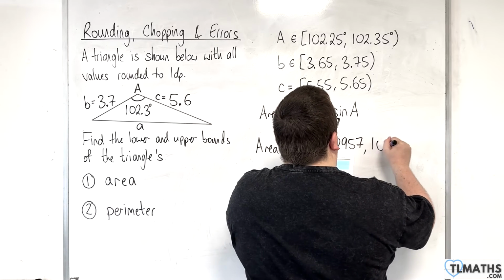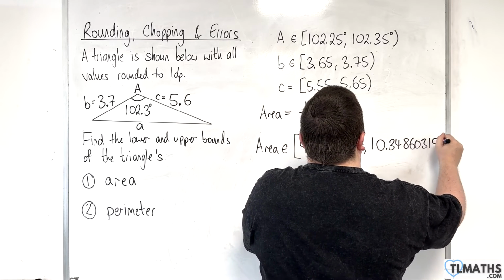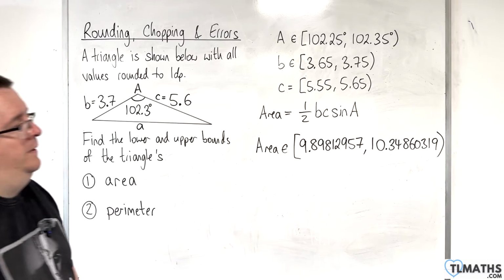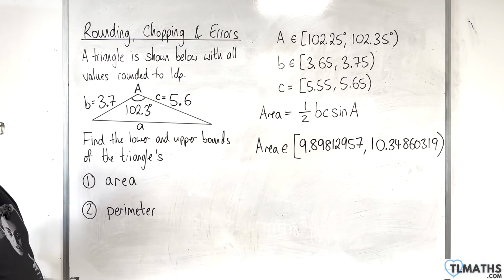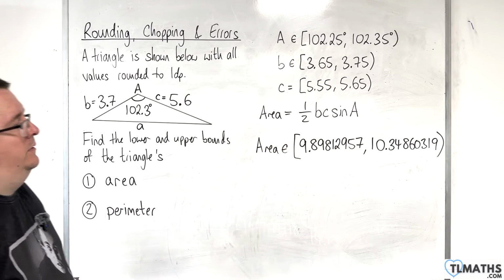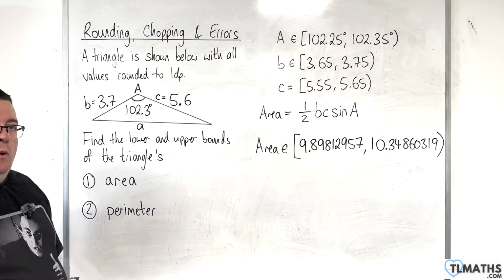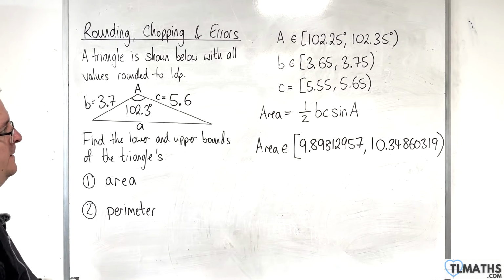So that's 10.34860319, not inclusive. And so these are the lower and upper bounds of the triangle's area. Okay? And that'd be in units squared, or square units rather. Okay?